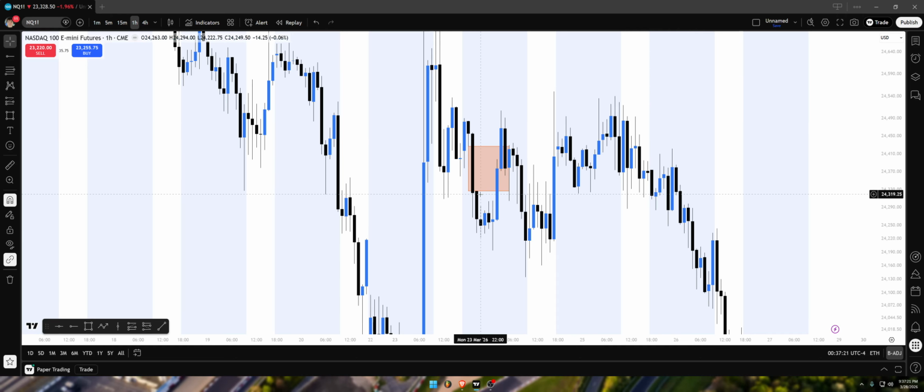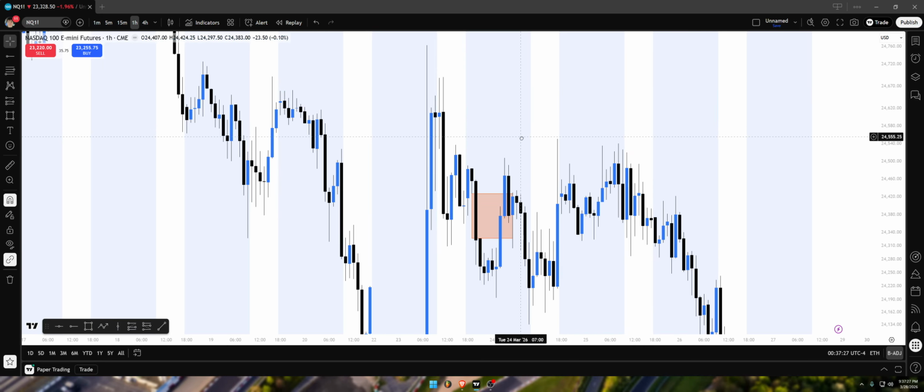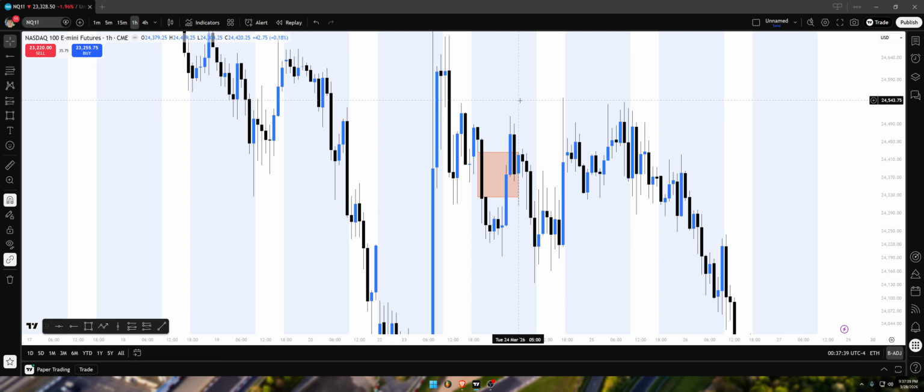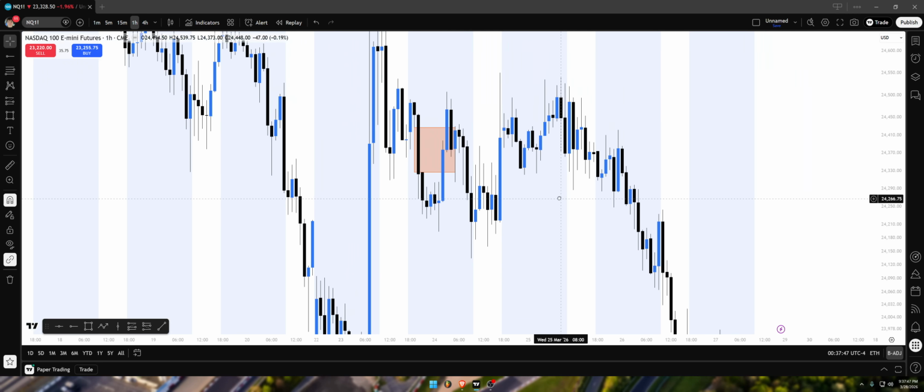So we've completely disrespected this entire range. Price has confidently moved up here, and a lot of times this signals that price is going to continue going higher, because we've broken through the bearish range and price has created a new trend. But obviously in this case, this was just a manipulation and we moved lower, right?